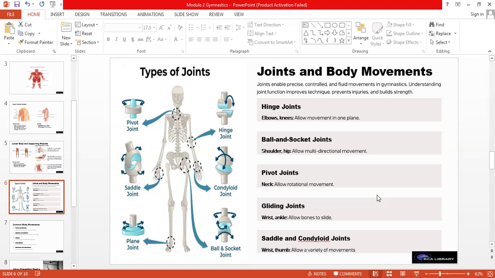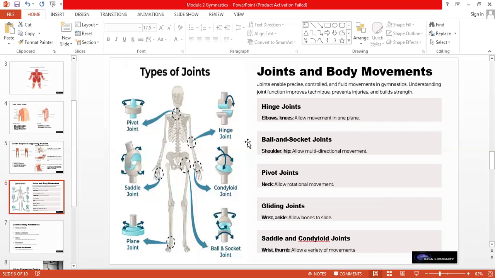The first one is the hinge joint, which deals with the elbow and knees, and it allows movement in one plane. Just like you can see it, this is the hinge joint, and it's very important.